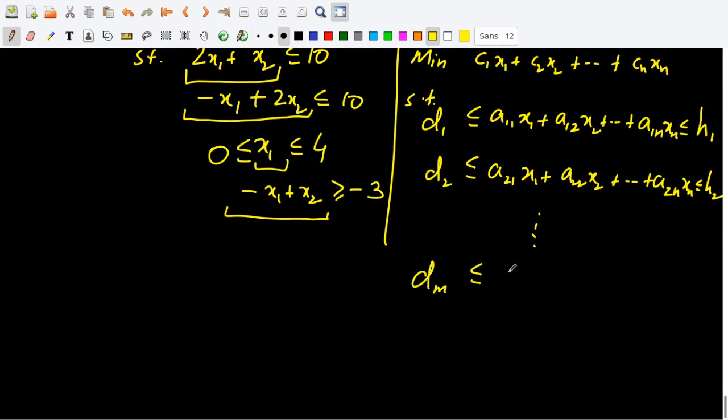And let's assume there are m such constraints. Okay, so m and n are finite.